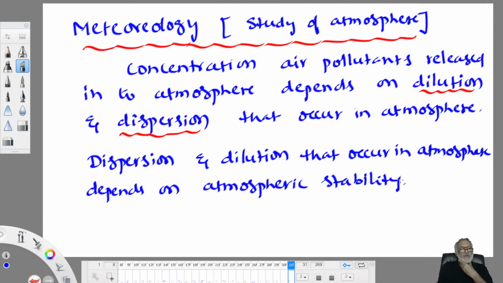So this is what we need to find out: when to release, how much to release, when to stop releasing, how to hold it. All this we need to work out.